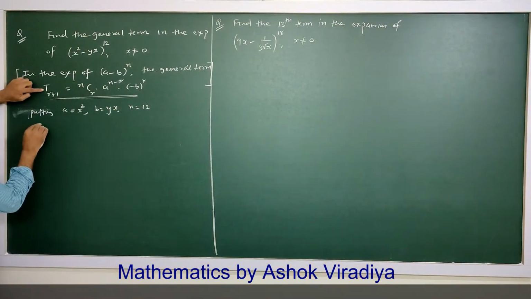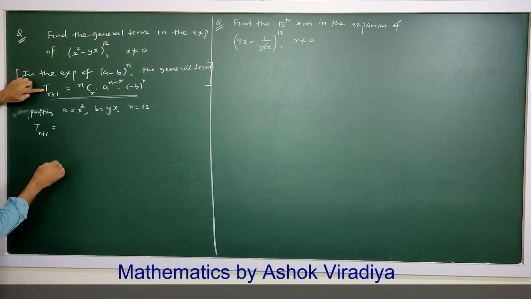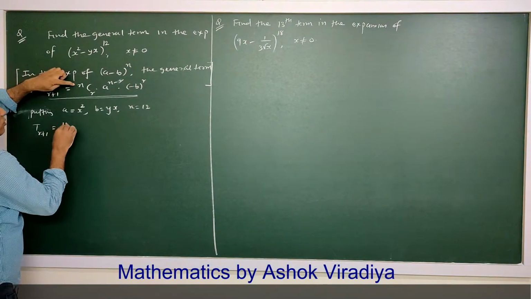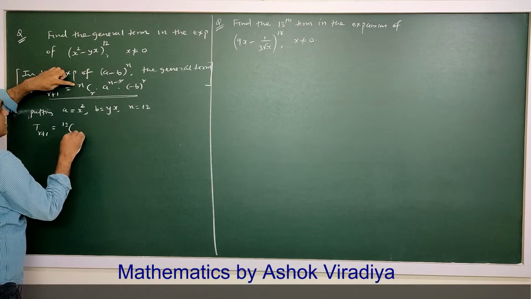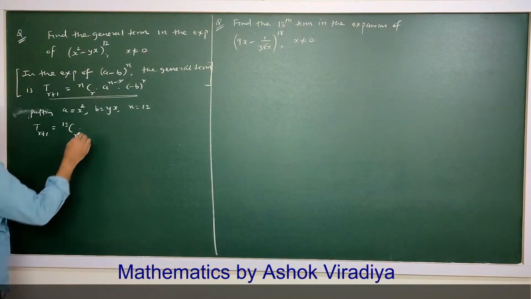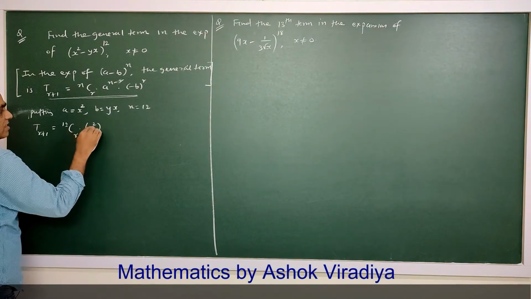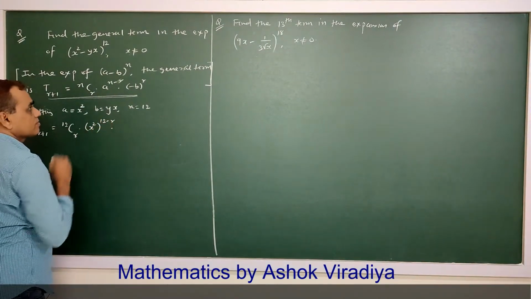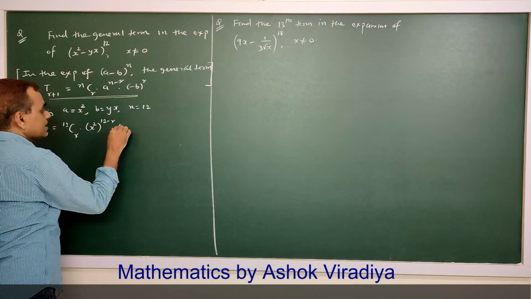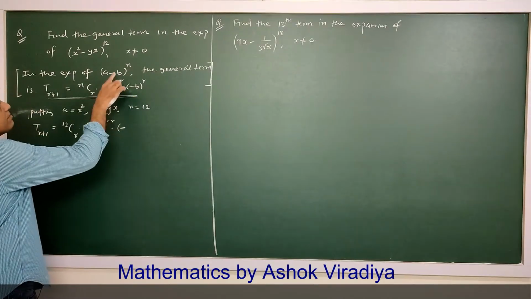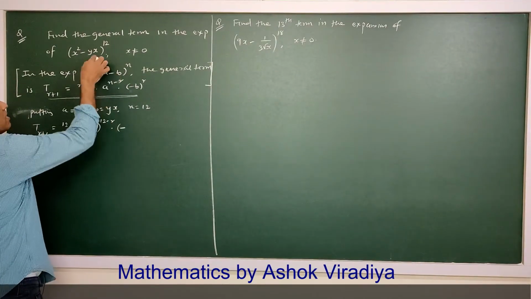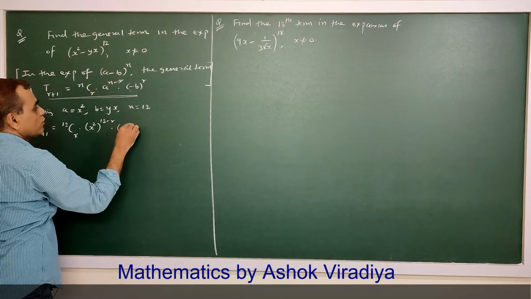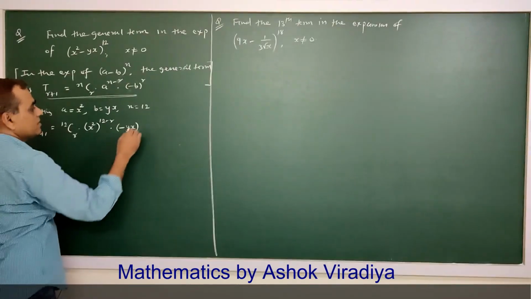We have the r plus 1th term: n is 12, r is r, a is x square, n is 12, minus, keep as it is, and b, what is b here? Yx. So put here (yx) raised to r.